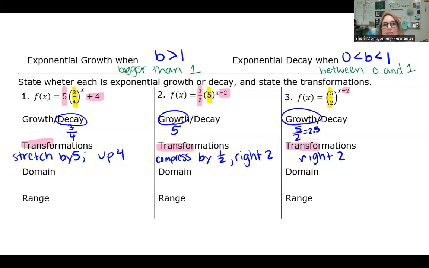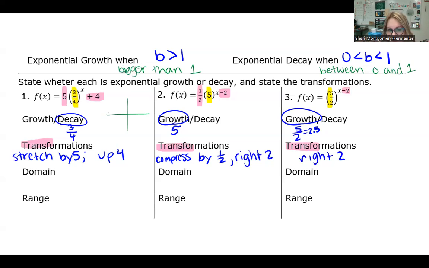So we are going to use that information to help us get just a general sketch of what our graph looks like, because that's what's going to help us figure out the domain and the range. You can do a real tiny graph over here on the side.